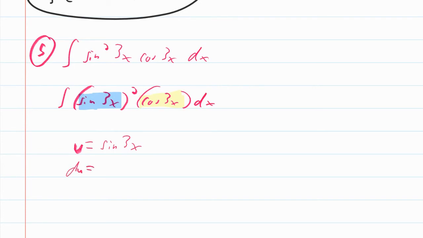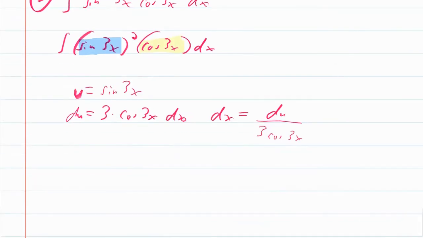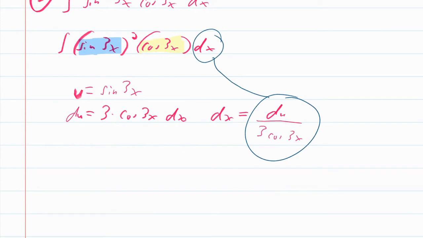Du by chain rule would be 3 times the cosine of 3x dx, which means that dx is equal to du divided by 3 times the cosine of 3x. So when I substitute this back in for dx, the cosine of 3x is going to cancel. The 1/3 is going to factor out as a constant multiplier. I'm going to get the integral of, let's see, u is equal to sine 3x.